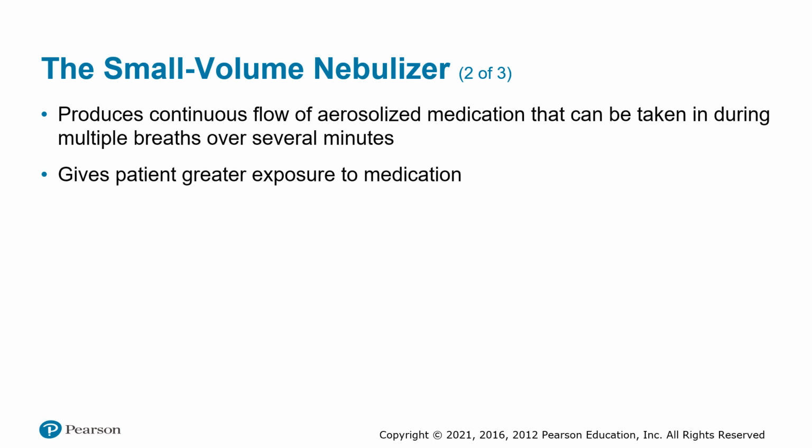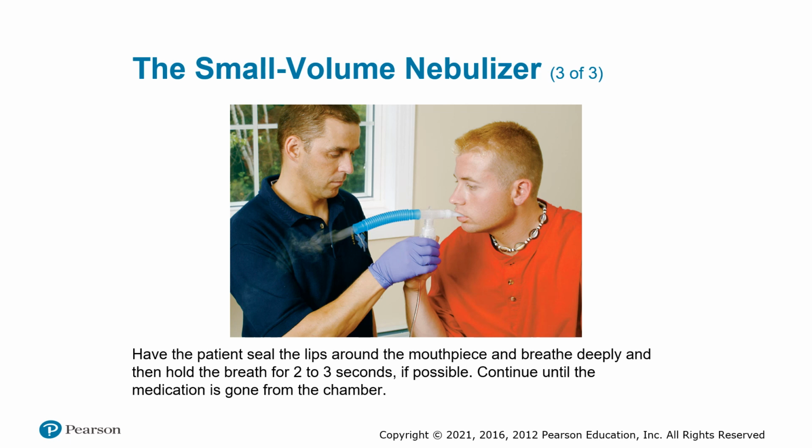And it gives the patient a greater exposure to the medication. So this is a common setup for a small volume nebulizer, and you guys can give the albuterol without it having to be the patient's own through this nebulized treatment.